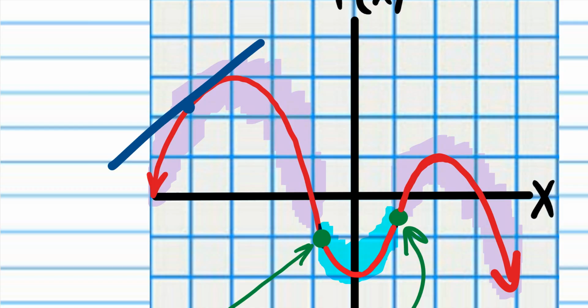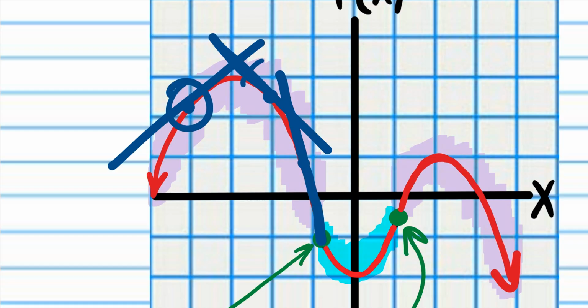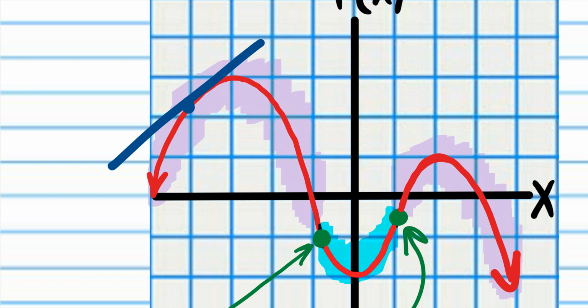Now you tell me, isn't it true that as your point goes to the right, the slope of the tangent line is getting smaller and smaller? It's decreasing. Over here it's positive, then it turns to negative, and it turns to a bigger negative number. So the slope is actually decreasing. So that means that the second derivative is going to be negative. That's one way to think about it.